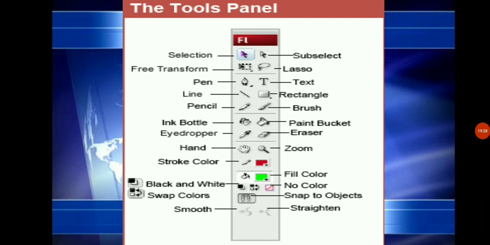So we have the selection tool, the free transform, the pen, the line, pencil, ink bottle, eyedropper, hand, stroke color, black and white, swap colors, smooth, and on the left side is the subselect, lasso, text, rectangle, brush, paint bucket, eraser, zoom, fill color, no color, snap to objects, extended. So that is the tools panel.